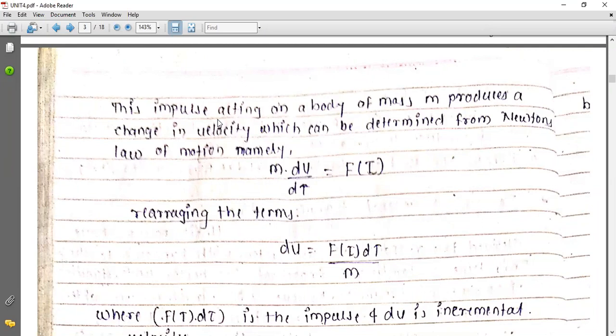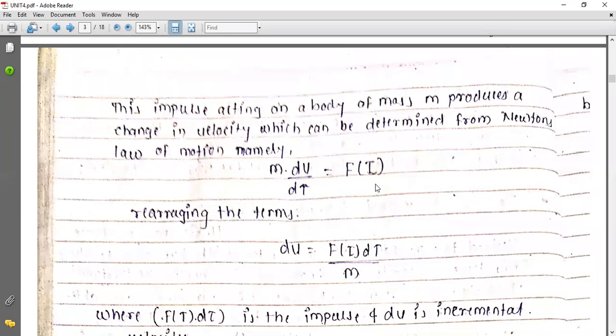This impulse acting on a body of mass m produces a change in velocity which can be determined from Newton's law of motion, namely force is equal to mass into acceleration. Okay, so based on this I have written here F of tau, that is the impulse force, is equal to m into a, where m is the mass and a is the acceleration, that is acceleration is nothing but dv by dt.